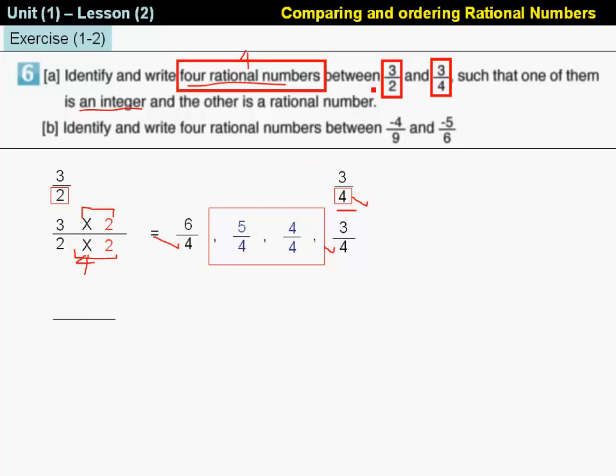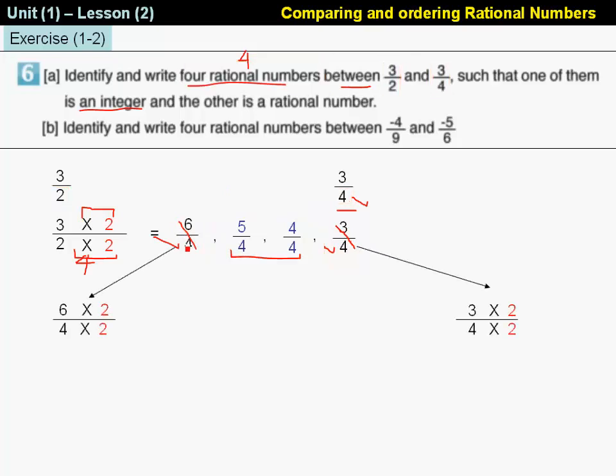Be careful, between. You don't have to count these two. We have only 2 rational numbers between these two. But he asked for 4 rational numbers. What can we do?